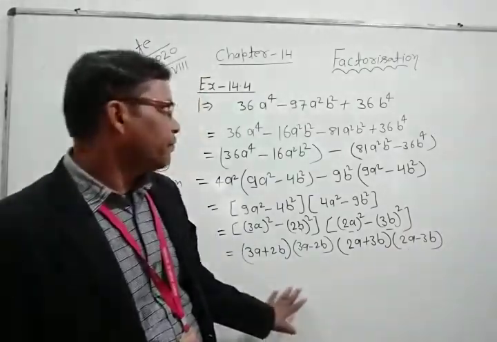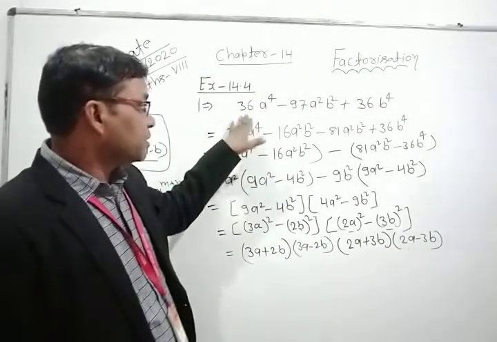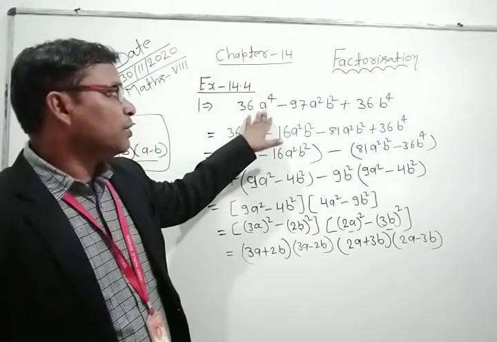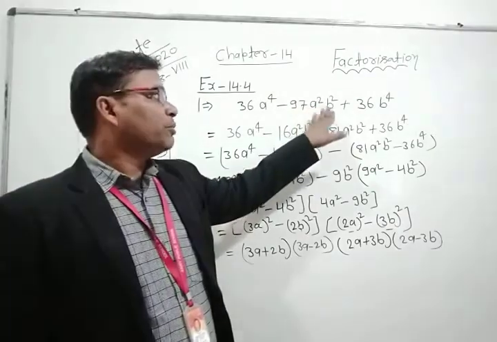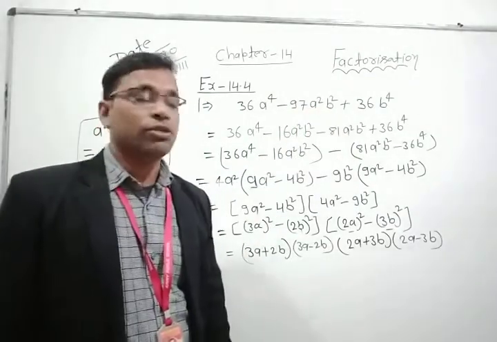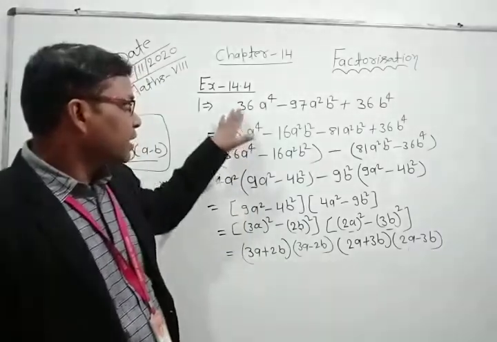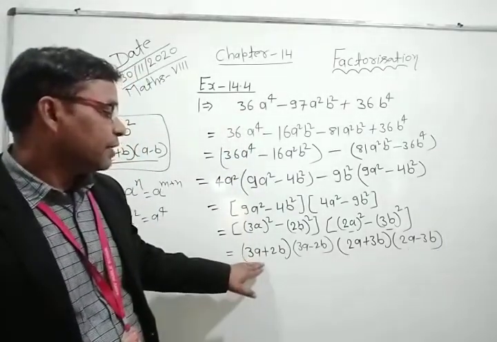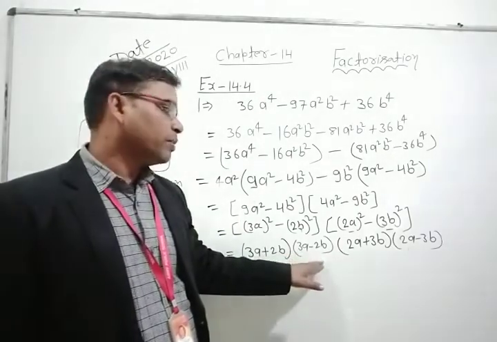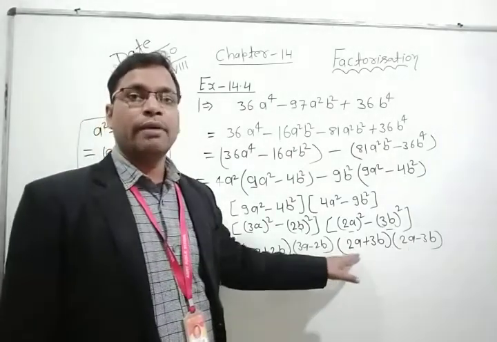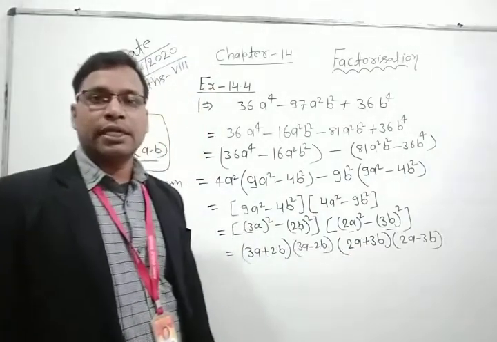So in this way we find the factors of this expression 36a to the power 4 minus 97a square b square plus 36b to the power 4. Okay, so the factor of this expression is 3a plus 2b into 3a minus 2b into 2a plus 3b into 2a minus 3b.